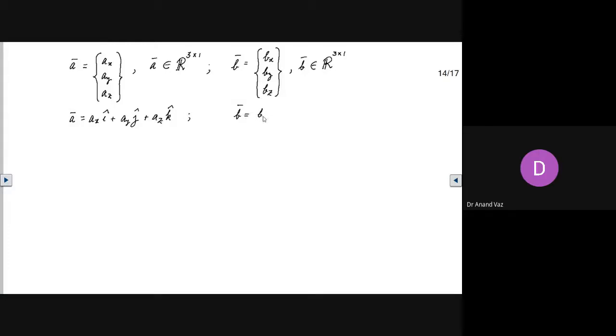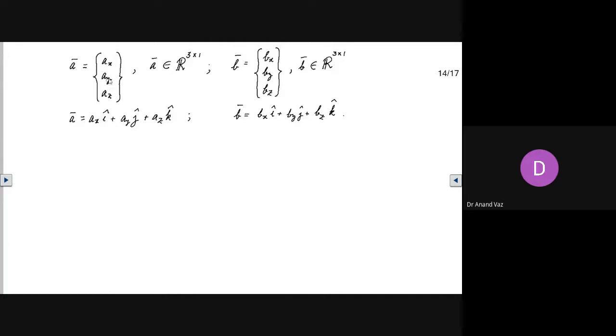So this is bx i plus by j plus bz k. This is the way we represent it in matrix form, and this is how we represent it using the unit vectors i, j, k.